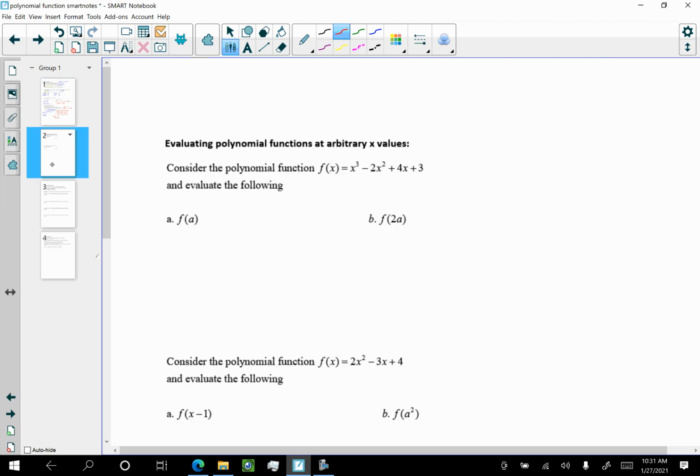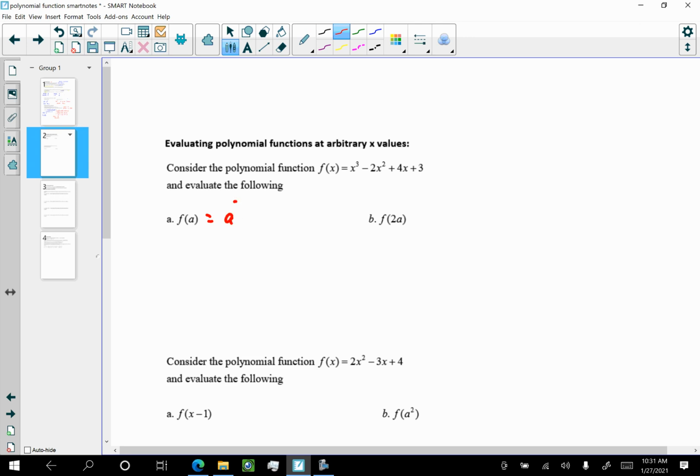Alrighty. Here I have evaluated polynomial at arbitrary x values. An arbitrary x value is when the x is not specific. It's arbitrary, like a. F of a, how do I put a in? Well, of this function, wherever you see x, put a.